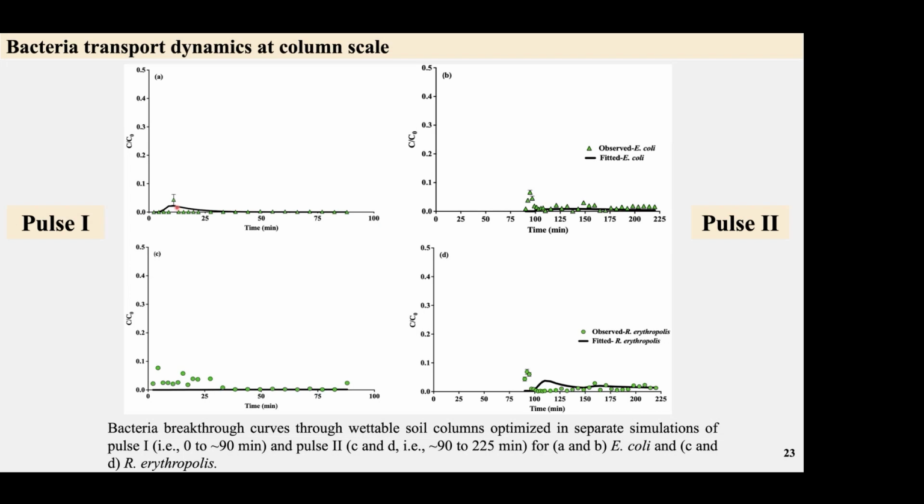We could also capture these peaks, although the retention was high for the pulses, but not very good for Rhodococcus, as I mentioned earlier. We always have such scatter patterns in Rhodococcus transport.